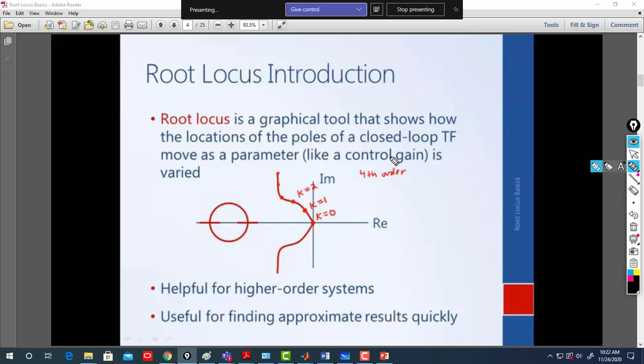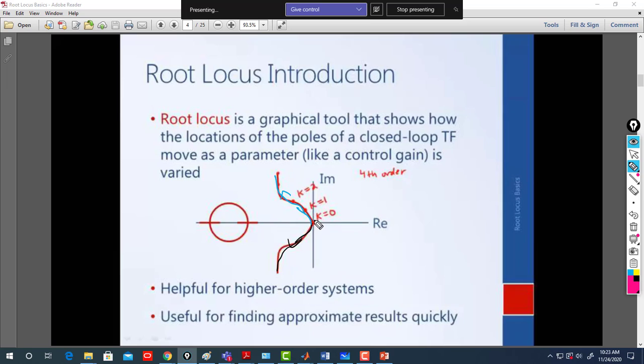When I'm moving the gain K, how does the location of the poles of the closed loop transfer function move? At K equals 0, I'm here. So I move this way and I move this way, and maybe a different color.